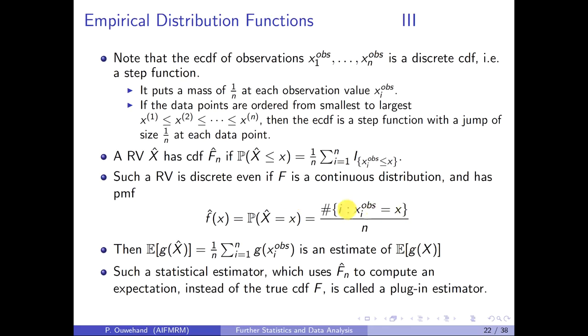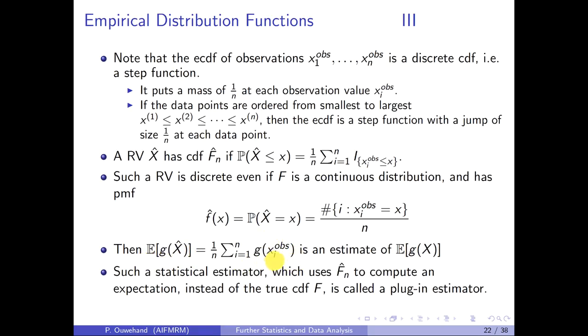Now suppose we want to estimate the expected value of a function g of the random variable X. One obvious way to do this is to use the approximation X hat. And the expected value of g of X hat is simply equal to 1 over n times the sum of g of the values of the observations.